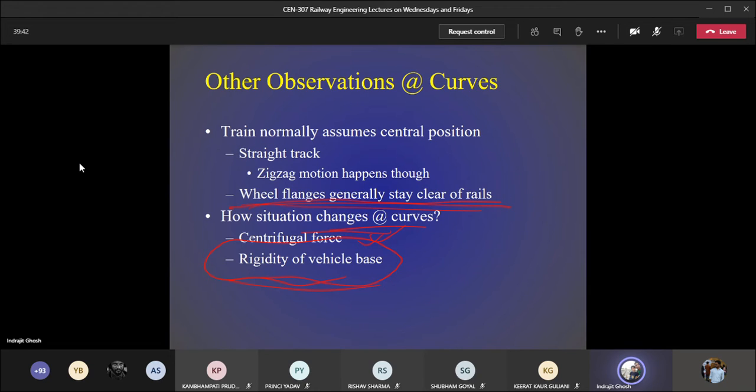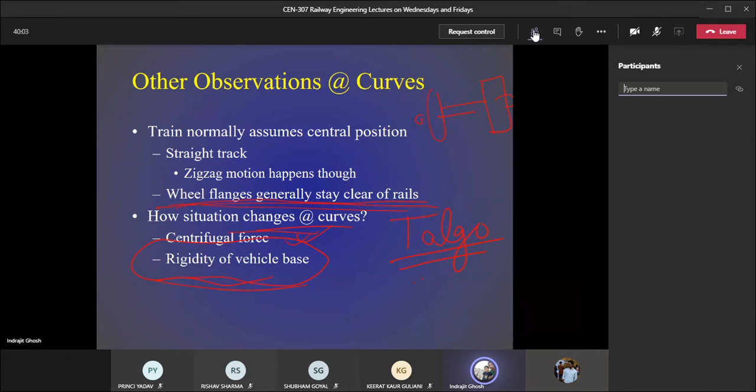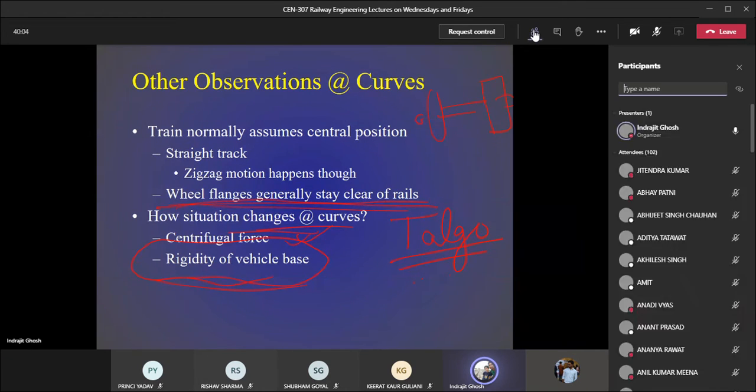Rigid wheelbase basically does not have any flexibility. If you heard the word Talgo earlier, I think all of you have heard, you will be able to see that Talgo coaches have some kind of mechanism so that their wheels can travel with different speed.